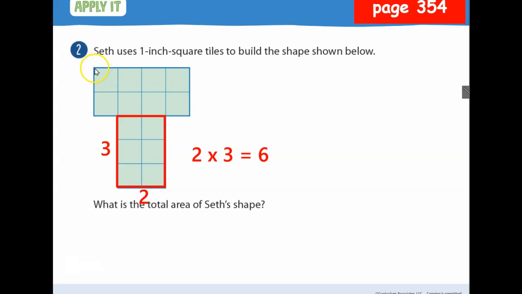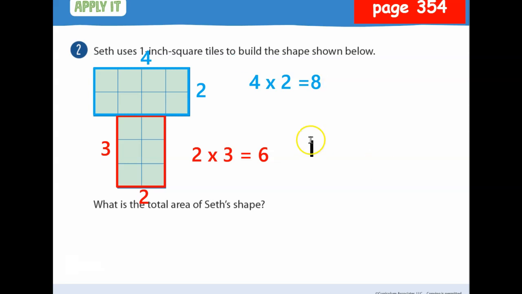All right, let's do the length of this. So what would be the length? 4. What would be the width? 2. So then my multiplication equation would be what? 4 times 2, which is 8.